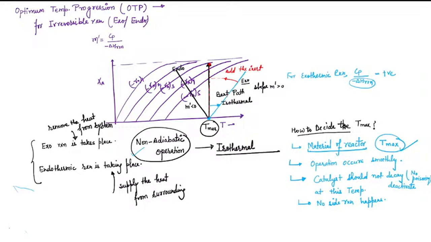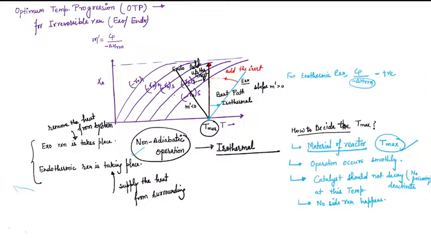Then what do you have to do? You have to increase the slope. So again add the inert, then you will move toward this isothermal path. Understand or not? Add the inert in the feed at the higher temperature.